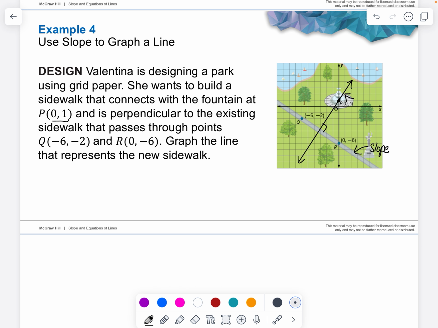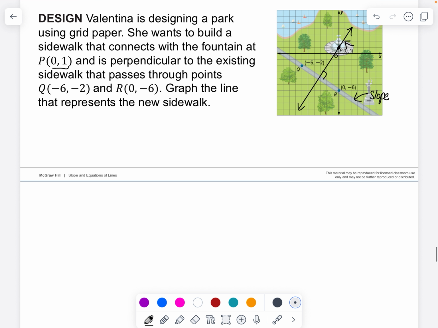Okay, so let's find the slope. So slope is m equals y2 minus y1 over x2 minus x1. And we've got our points up here, x1, y1, x2, y2. We'll go 0 minus a -6 over -6 minus a -2.